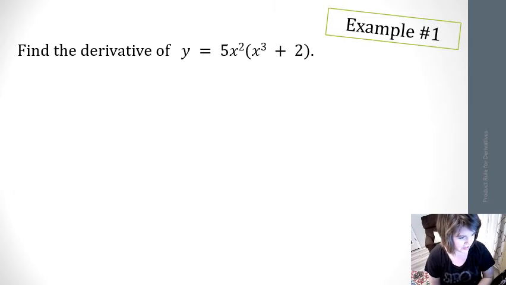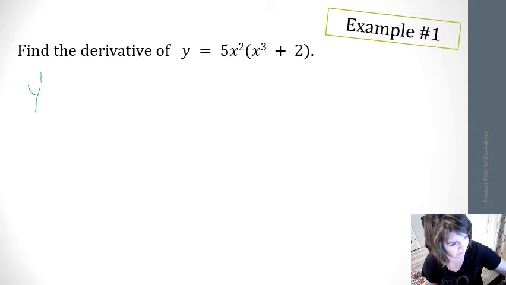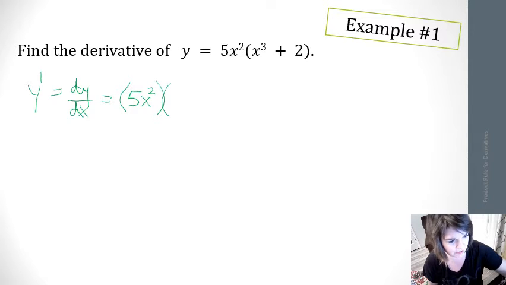Okay, so let's look at this. We have 5x squared times x cubed plus 2. So if we are going to find the derivative, that would be y prime or dy/dx. And the rule is take the first function, which is 5x squared, leave it alone, and we're going to multiply by the derivative of the second function.